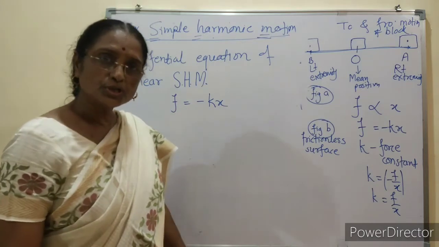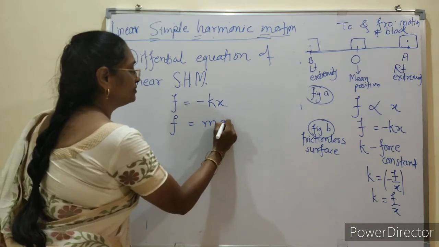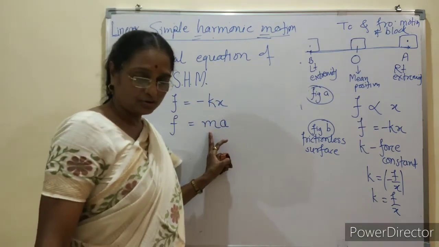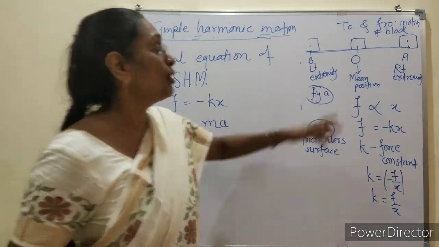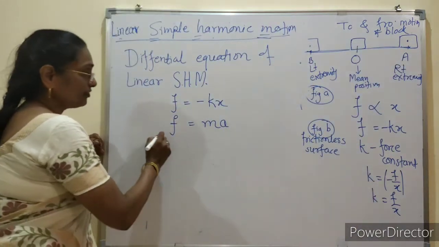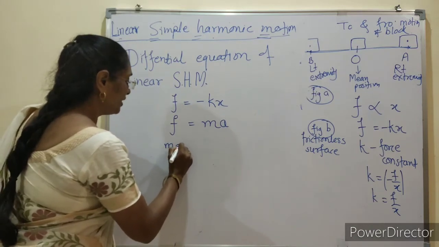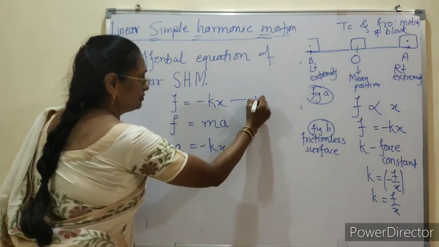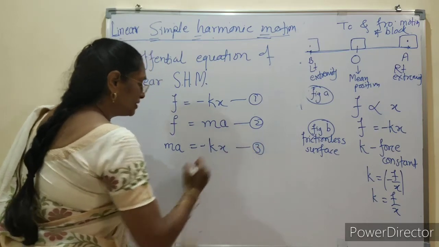According to Newton's second law of motion we have one more relation, that is F is equal to ma, where m is the mass of the block or object, and a is the acceleration when it moves from O to A or A to O. If we have such relations we can equate: ma is equal to minus kx. So this is the first equation, this one is second, this one is third equation.